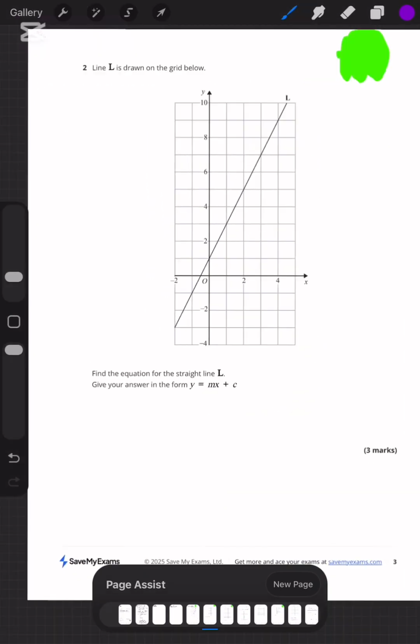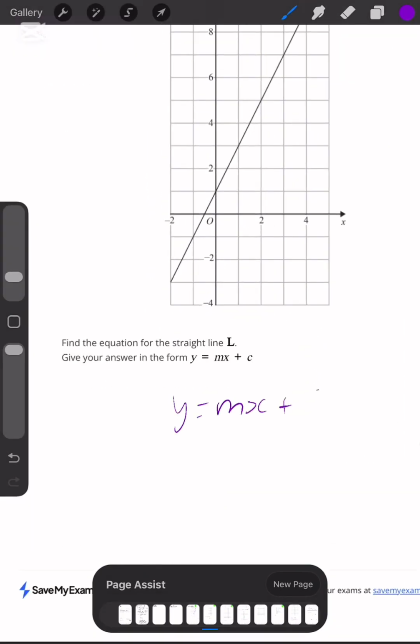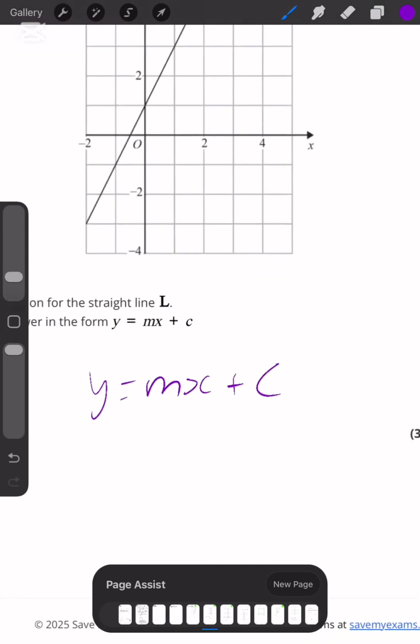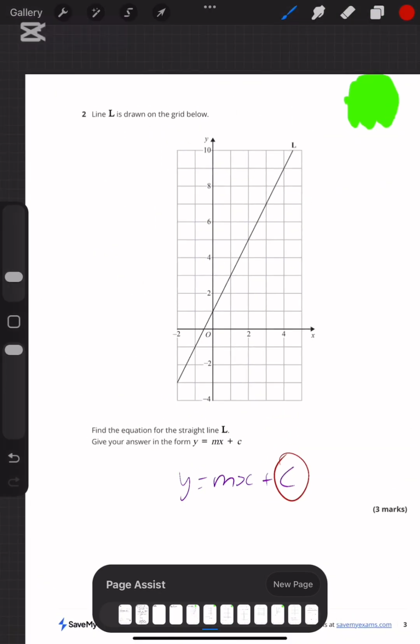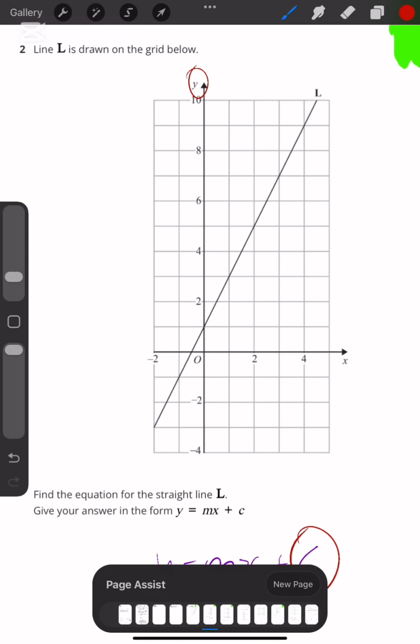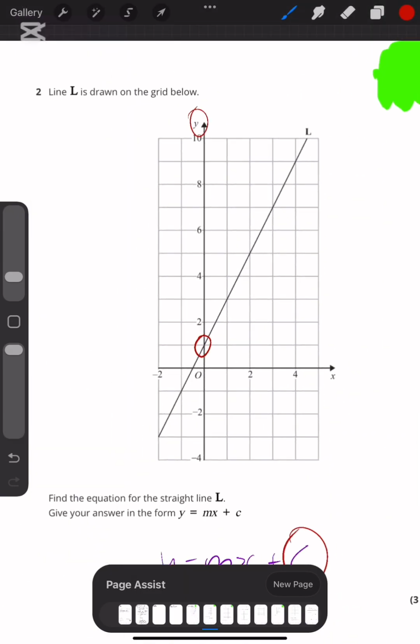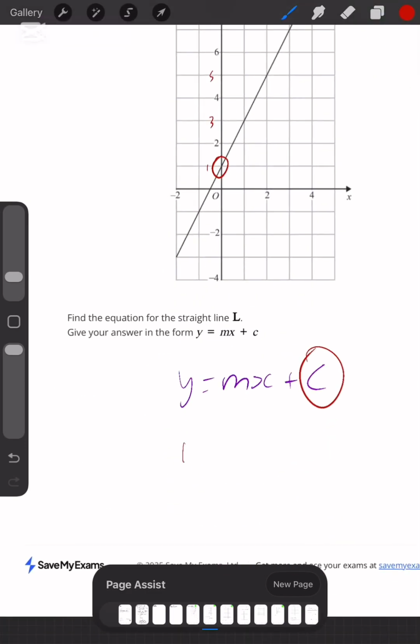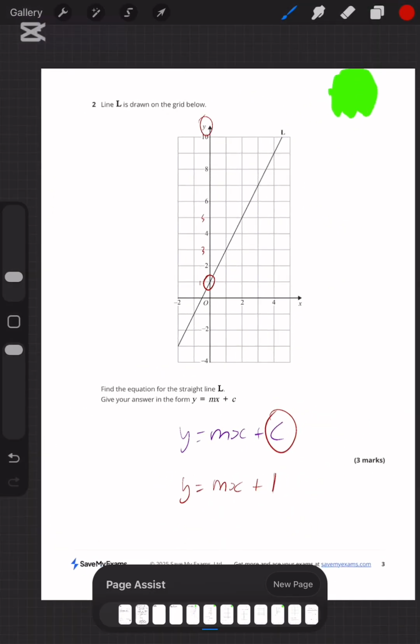Here's another question where you're given a line, and you're instead asked to find your equation. Find the equation of the straight line. So first we find out our c, which is 1, essentially where it crosses the y-axis.